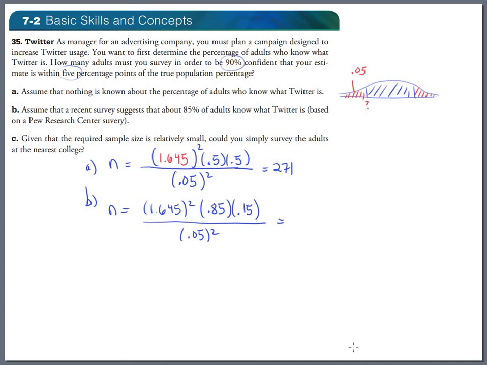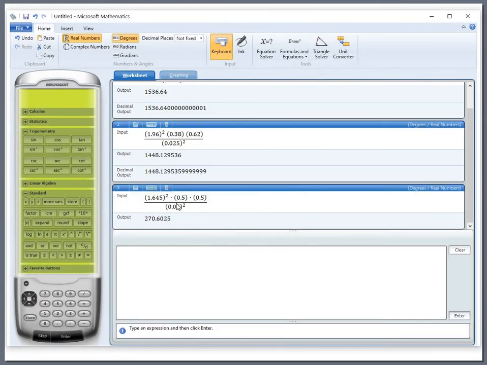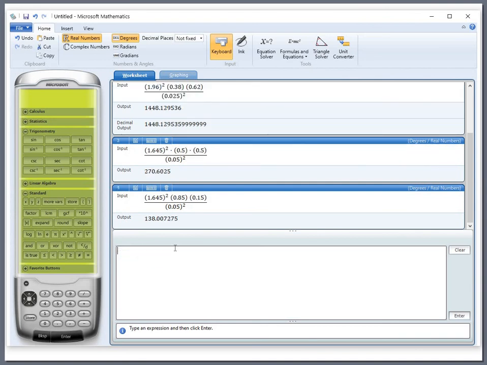So let's modify our previous calculation. This was 0.85 and that was 0.15. Now we're looking at 138, and again we have to round up even here. Because 138 people isn't quite enough, so we're going to go to 139 just to make sure.